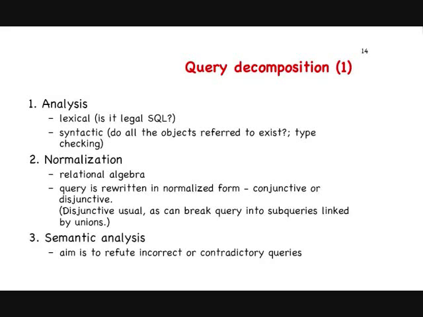Okay, so the algebraic manipulation gets easier. And the third thing you try and do at that stage is to see if the query is self-contradictory or incorrect in some way, because again, if you can reject it and say, no, this doesn't make sense, then you don't actually have to do the work to show that it doesn't make sense, but your analysis shows it.